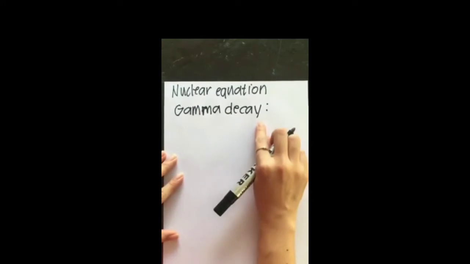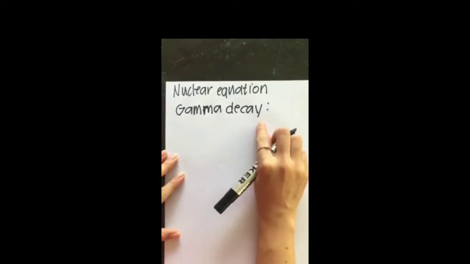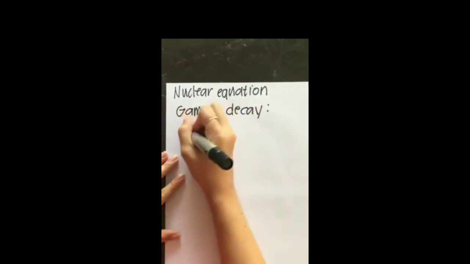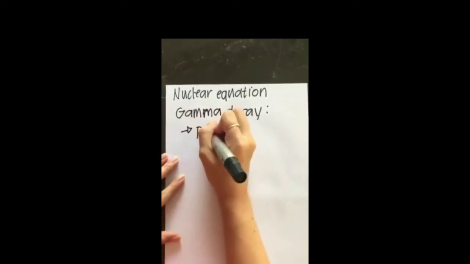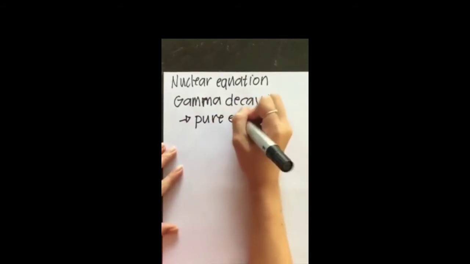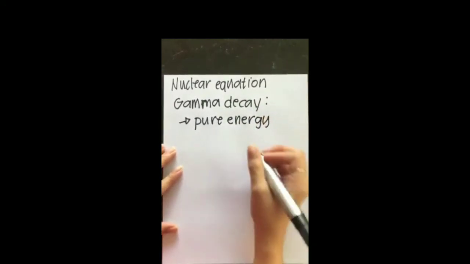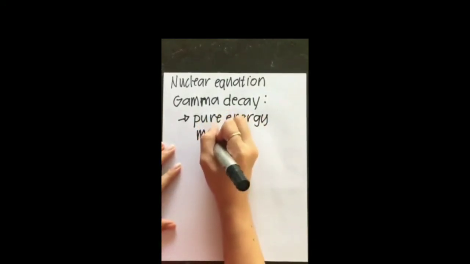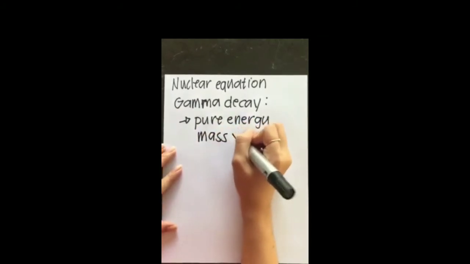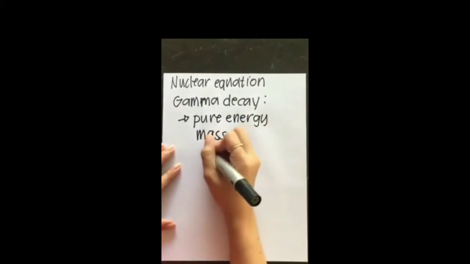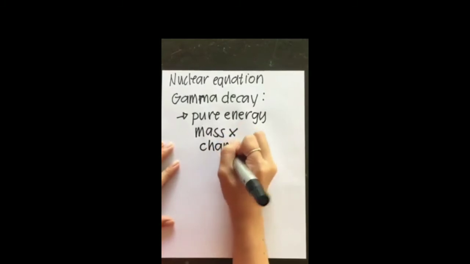Another type of nuclear equation is the gamma decay. Gamma decay is considered the easiest nuclear equation because it is pure energy. It doesn't have any mass or charge, and gamma decay doesn't change the element at all.